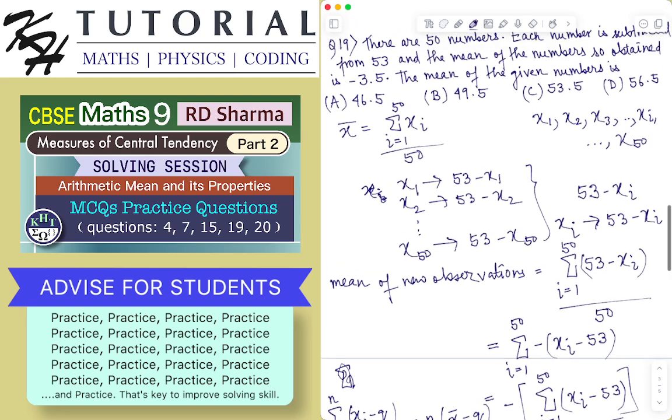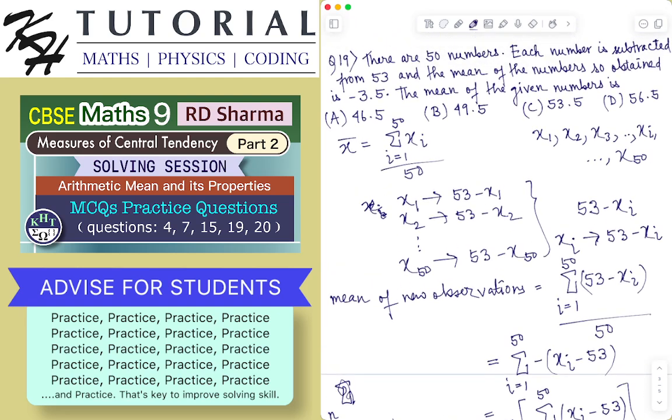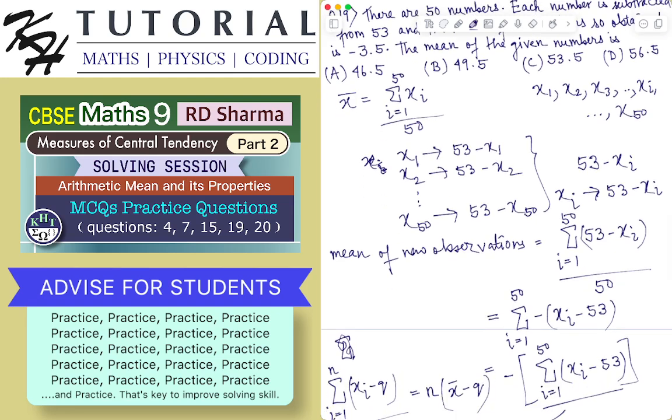Each number is subtracted from 53. So the new observation of x1 is 53 minus x1, the new observation of x2 is 53 minus x2, and this way we are having. So the mean of the new observations will be summation of 53 minus xi.